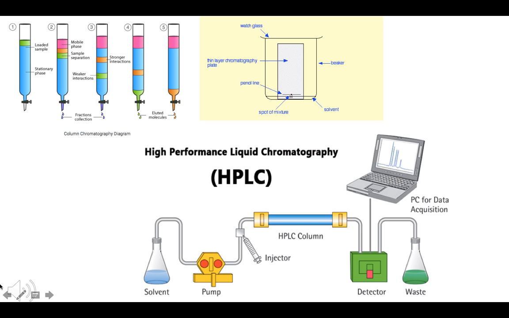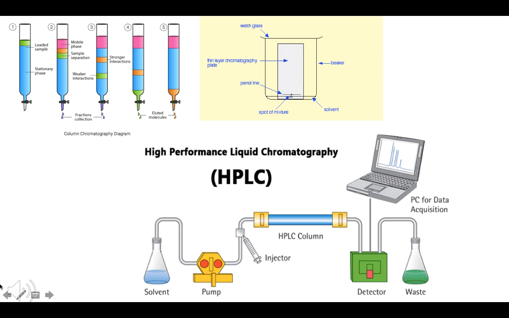So we're going to talk about chromatography. Chromatography is basically separation based on a mobile phase, which is most of the time just liquid, and a stationary phase, which is solid. The only exception to chromatography that I know of in which the mobile phase is not liquid is gas chromatography, and the only exception I know where the stationary phase is not solid is also gas chromatography, where it is liquid.